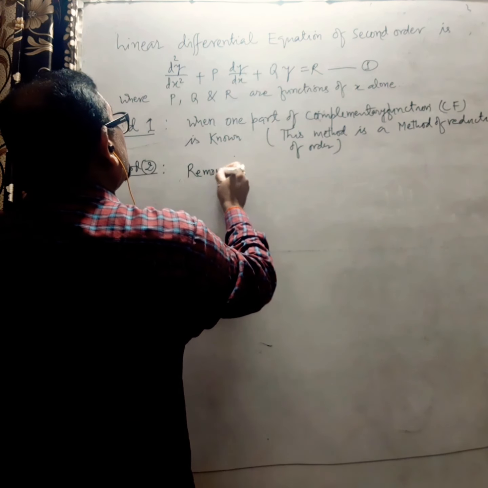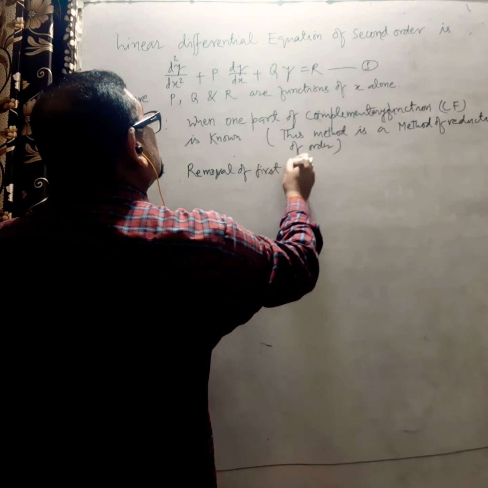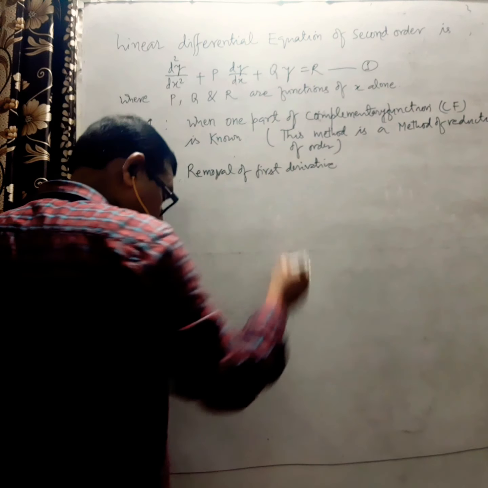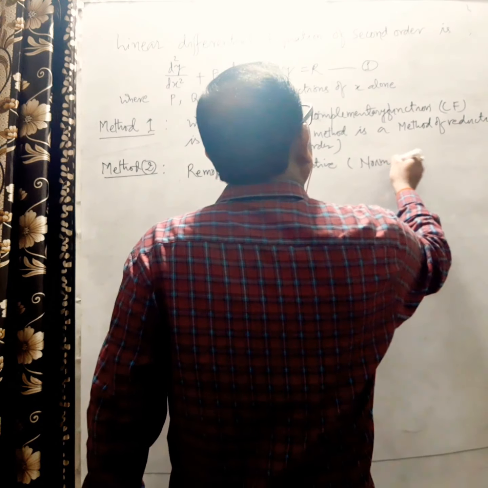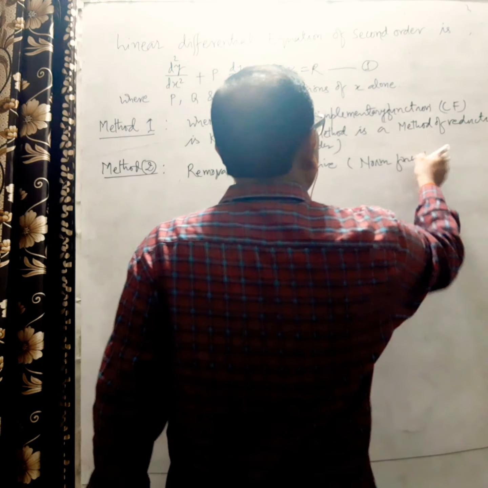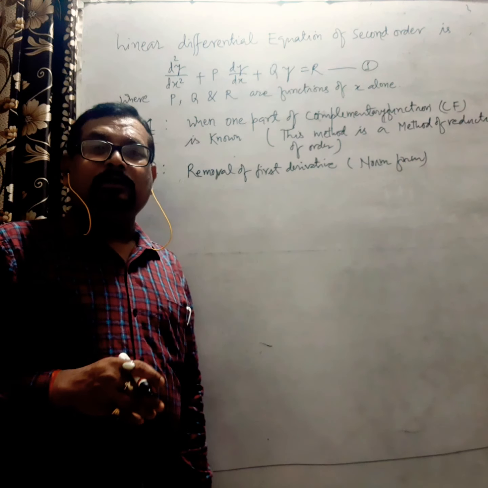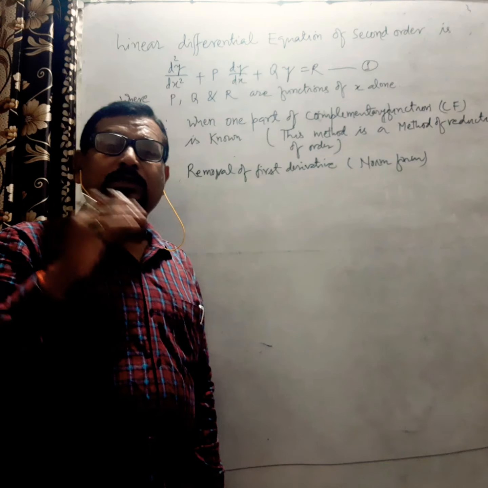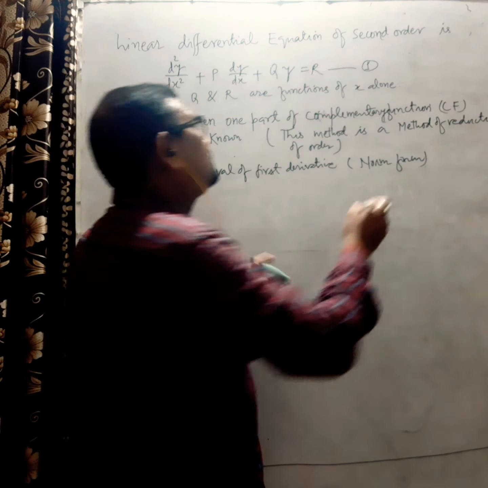The second method, method 2, is removal of first derivative. This method is known as normal form. Actually, when we remove the first derivative, we get a normal form, and so it is known as removal of first derivative and normal form.